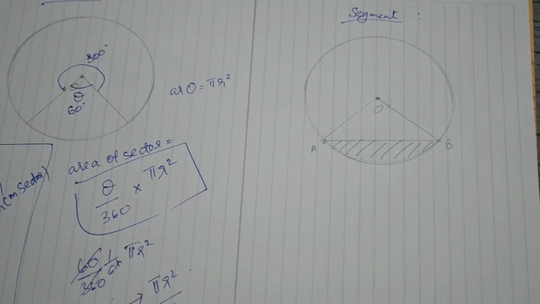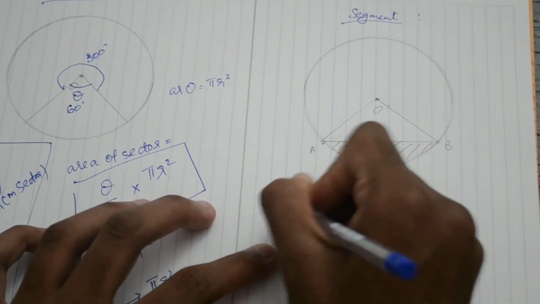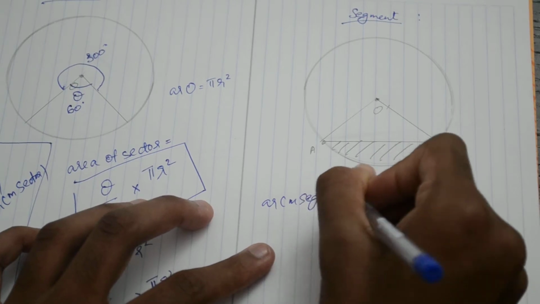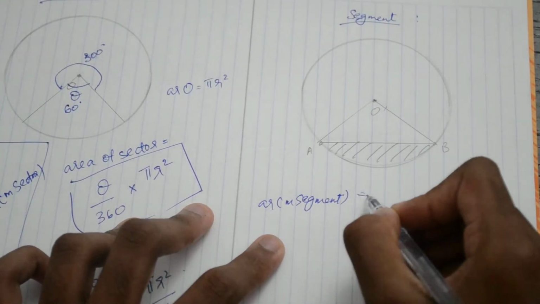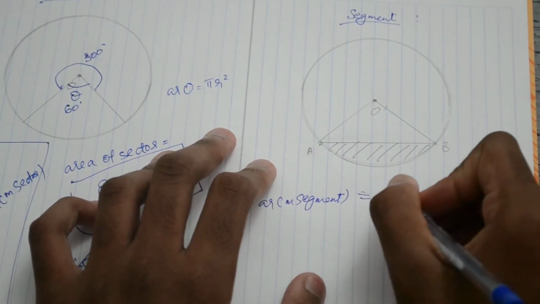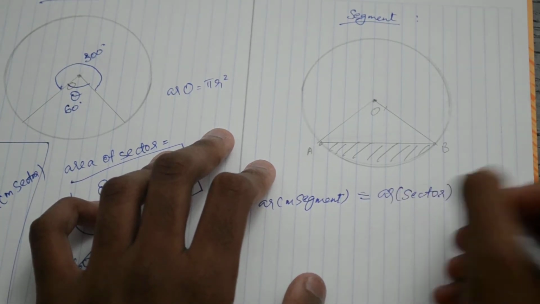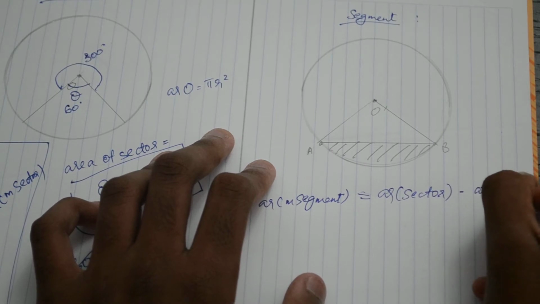So now, if you can see, we'd get that the area of segment AOB, or area of minor segment, is equal to this sector, area of the sector, minus area of triangle AOB.